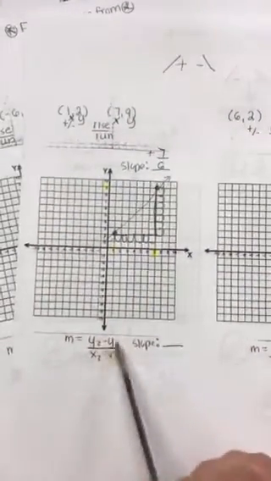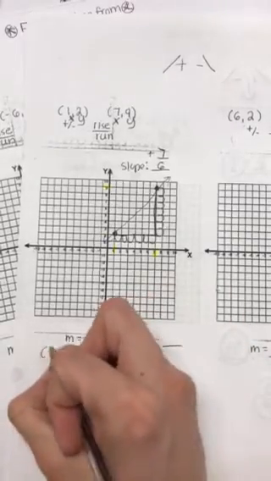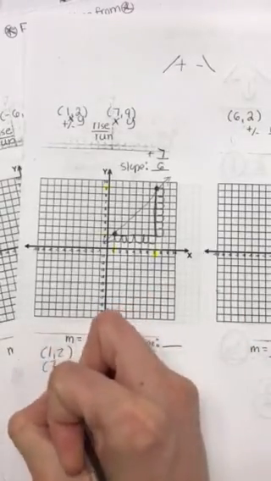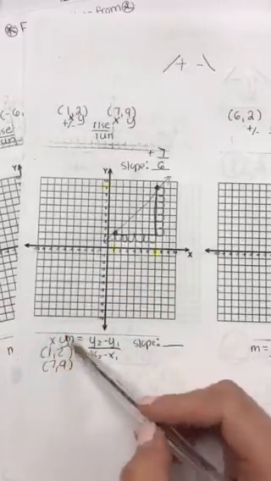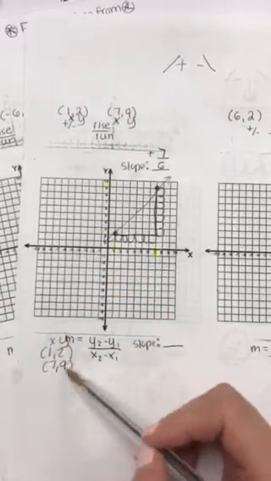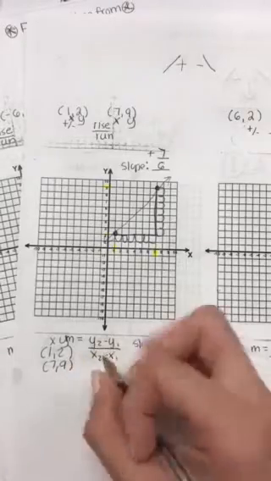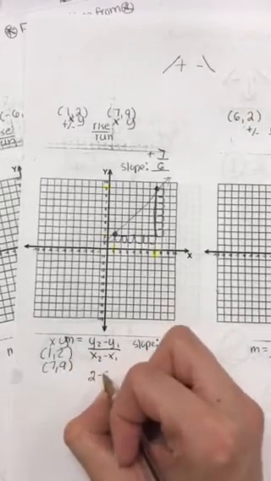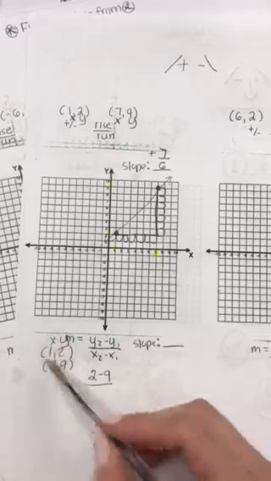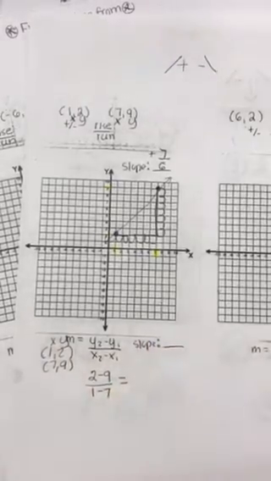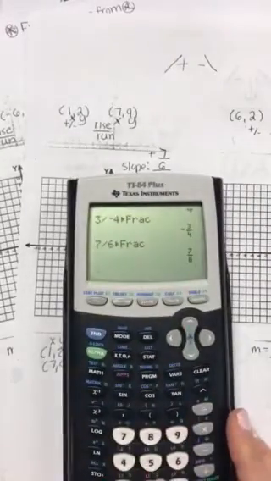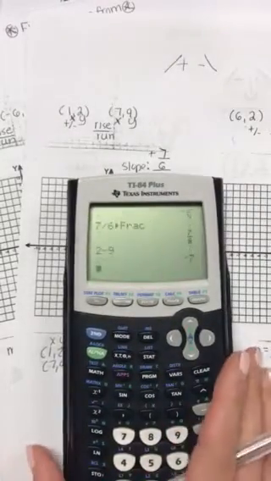Okay, we're going to do the same thing just by thinking about the numbers. 1, 2, 7, 9. We're going to label these X and Y. Okay, we want to know how far apart 2 and 9 are. We want to know the rise, so we're going to subtract. 2 minus 9 and subtract the X's. 1 minus 7. Using our calculators, 2 minus 9 is -7.